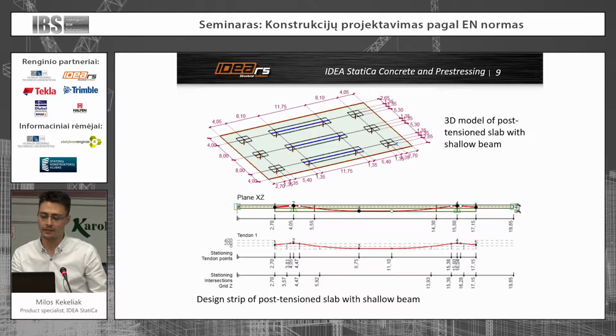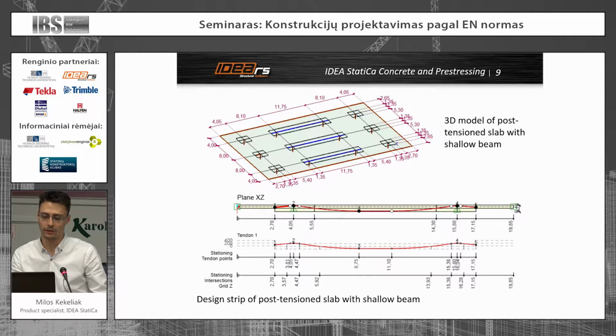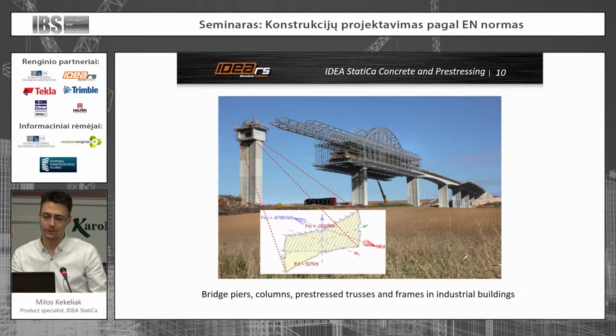Subsequently, the data can be sent back to the 3D modeling software like AxisVM or RFEM. This is an example of a design of bridge piers or pre-stressed or non-pre-stressed elements.